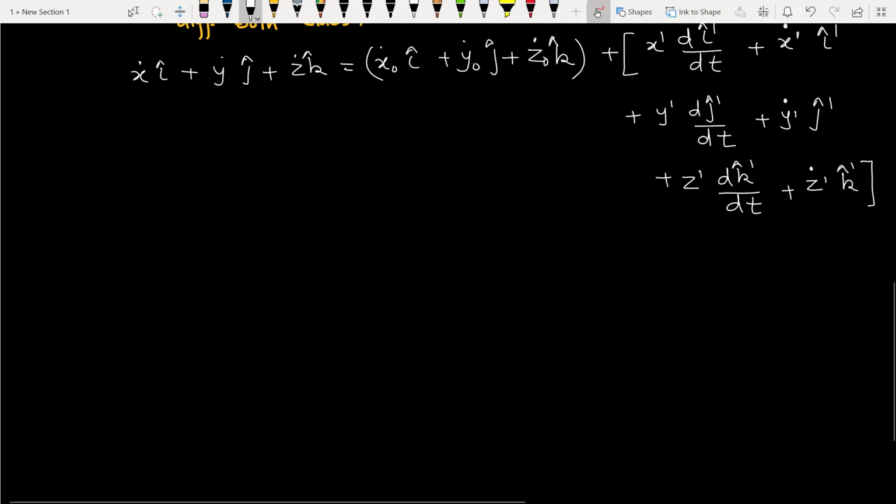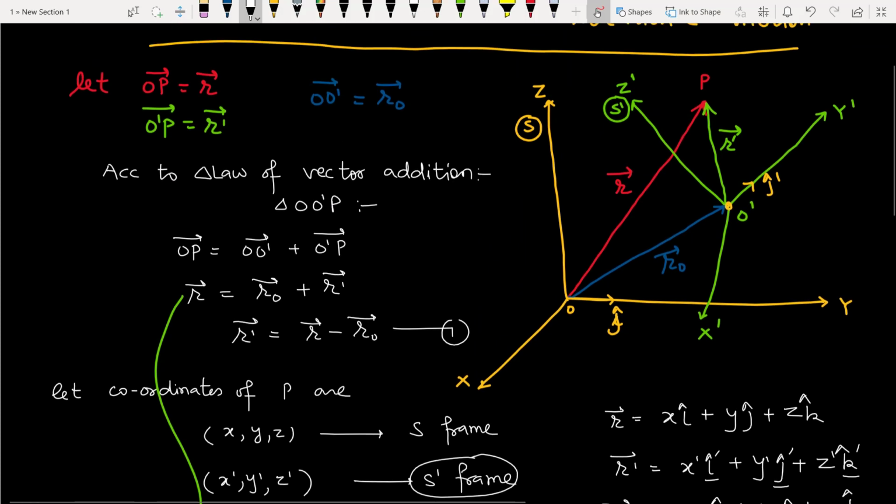So derivative of position is velocity, so it is v vector. It is the velocity of the particle in S frame. This is v naught. It is the velocity of S dash frame, translational velocity with respect to S frame.